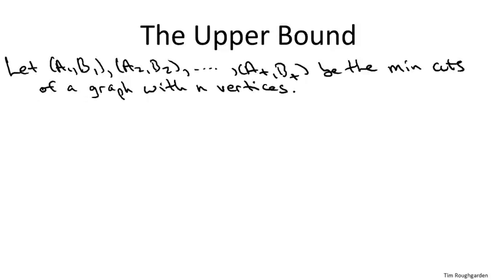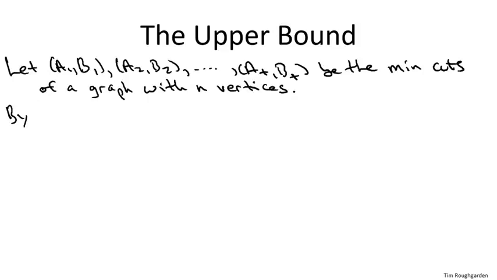For each of these t minimum cuts of this graph, we could think about the probability that the contraction algorithm outputs that particular min cut. So we can instantiate the analysis with a particular minimum cut, (Ai, Bi).